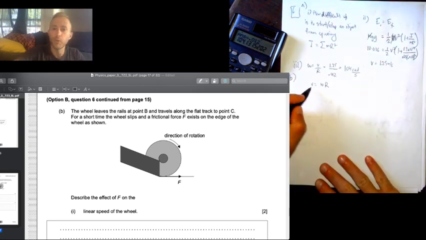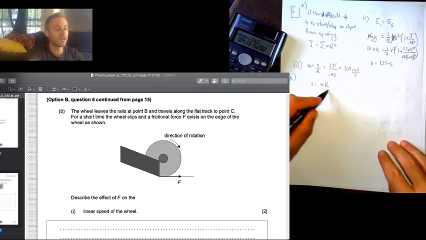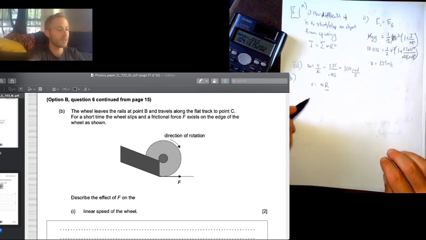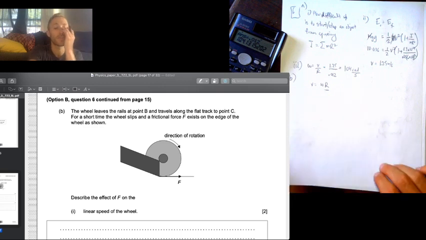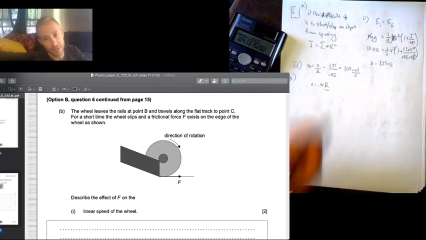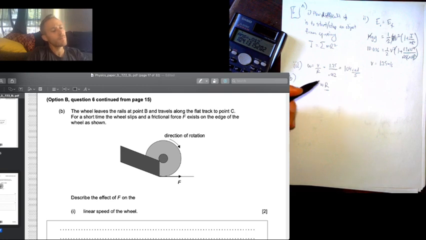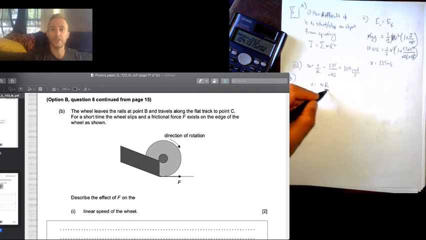Initially, before it leaves this rail, it was rolling about a small radius, given its rotation. But then all of a sudden, it's going to be rotating about a bigger radius. So the r value changed.